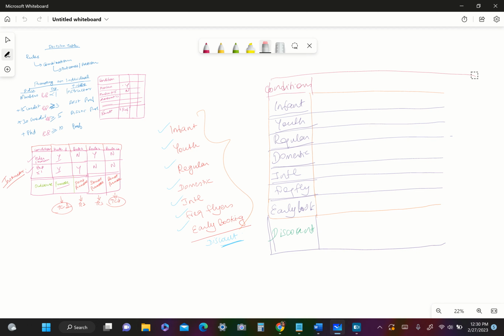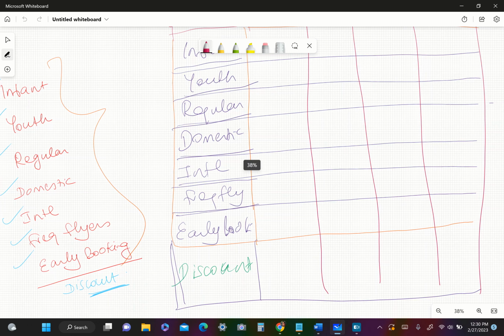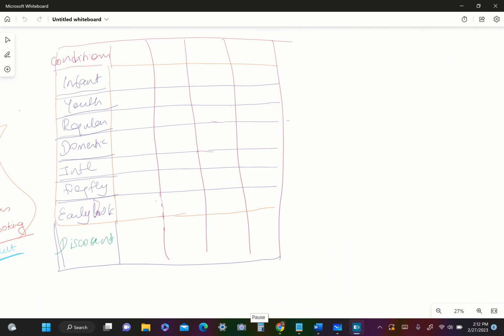So let's see how this works out. Let's go one by one. That's a rule. I'm just doing a few right now. So we are going to be doing rules here: rule 1, rule 2, rule 3, rule 4, and so on.